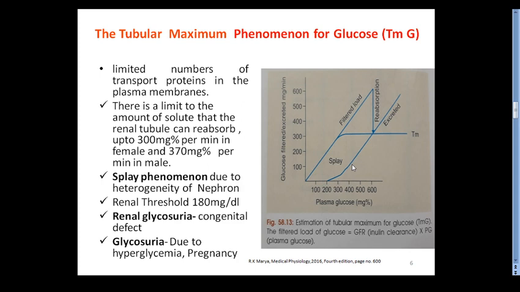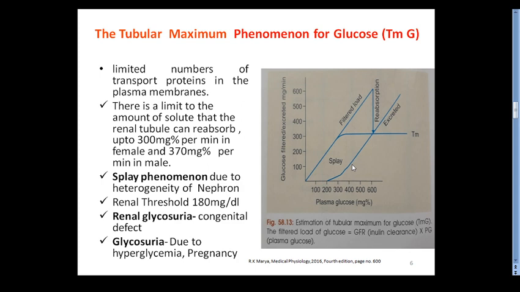The receptors present in these transporter proteins show the phenomenon of saturation. When all the transporters get saturated, they stop the reabsorption of glucose. So what is the level at which they stop the reabsorption of glucose?